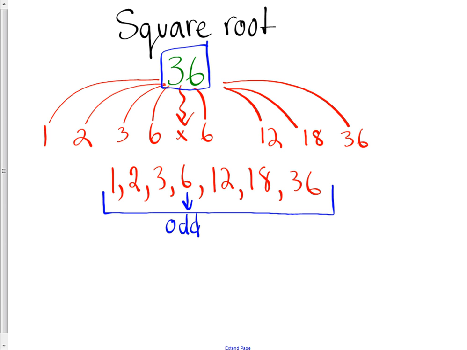So in this, we've found the square root of 36 by identifying the factors of 36 and finding that yes, indeed, there is one number that when times by itself does equal 36, which means that 36 is a square number.